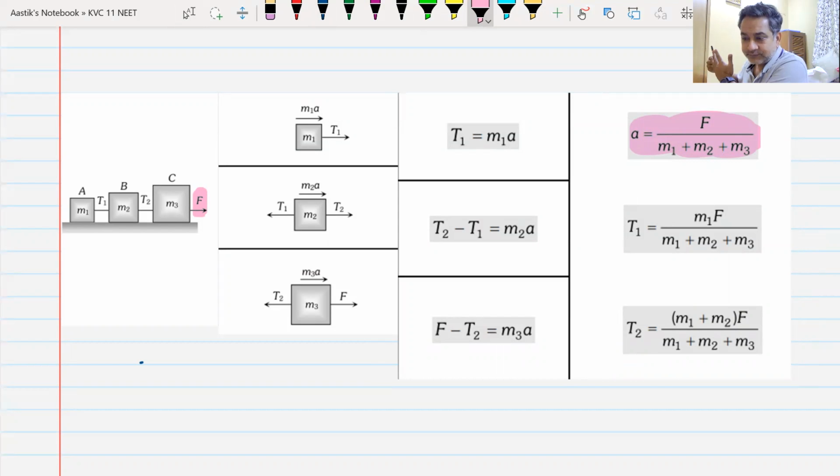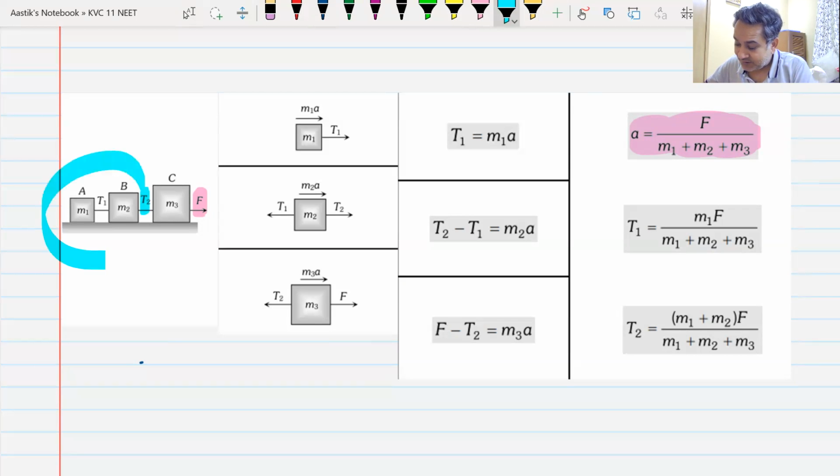So A is F divided by M1 plus M2 plus M3. Now look at this T2. This T2 is pulling this entire system. Do we understand this? Yes, sir.